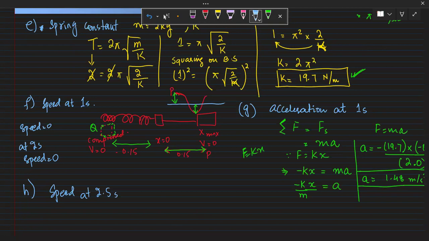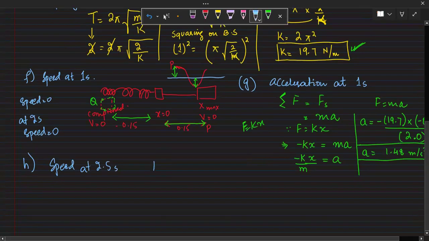For the maximum kinetic energy we use half mv square. For the potential energy of the spring, you find it using half kx square, where x is the distance from the mean point.